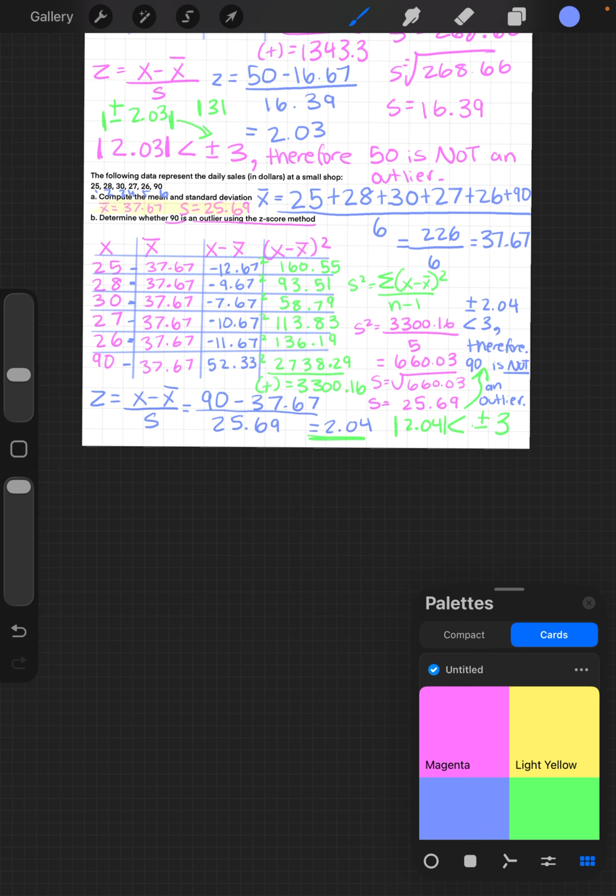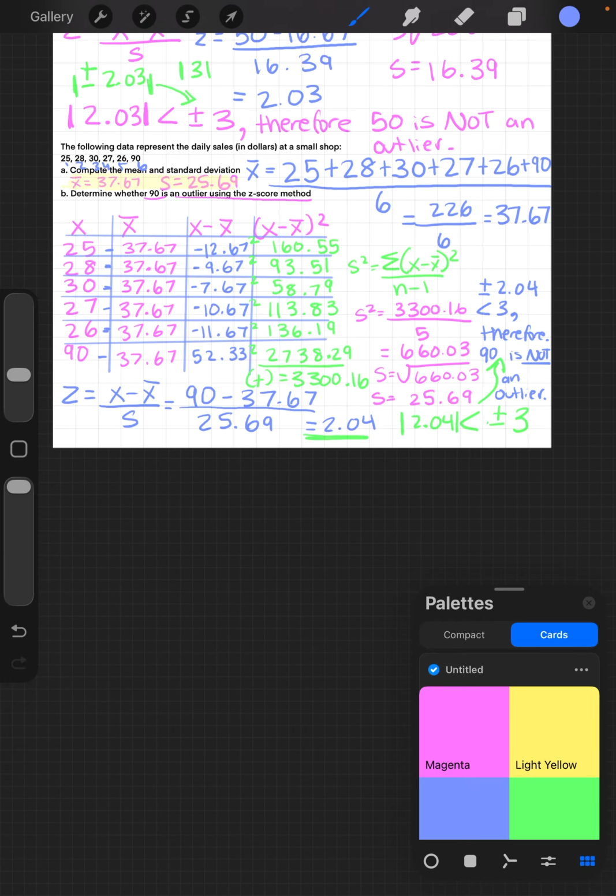Period. So 90 is not an outlier. And I just noticed all of these are not outliers, but an example of an outlier would be if it's 4.